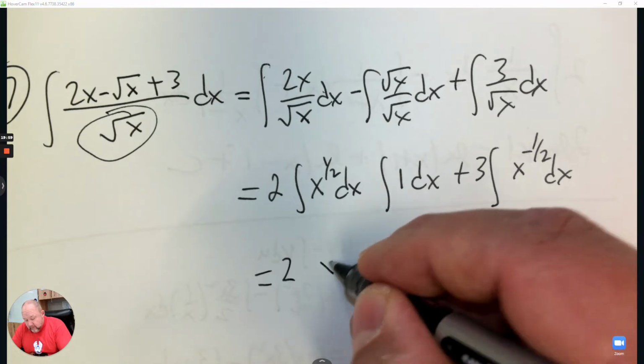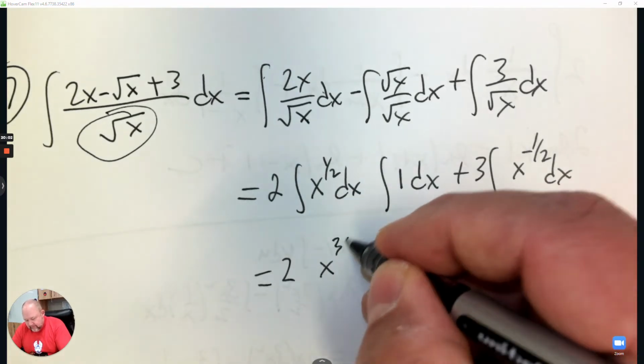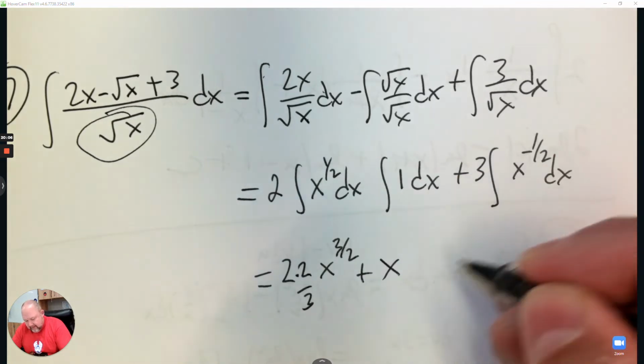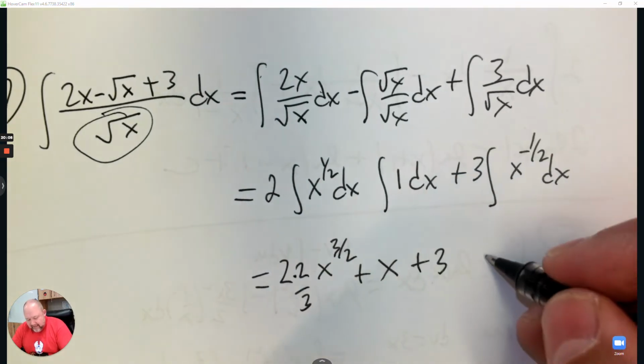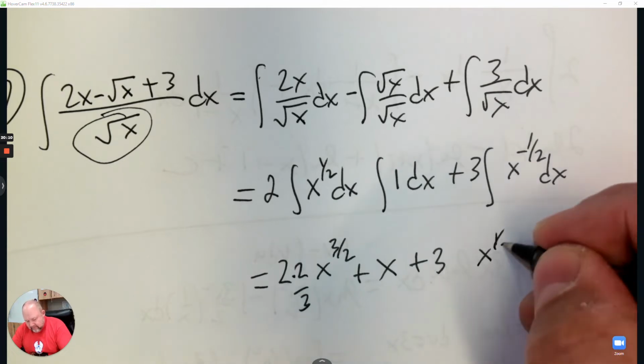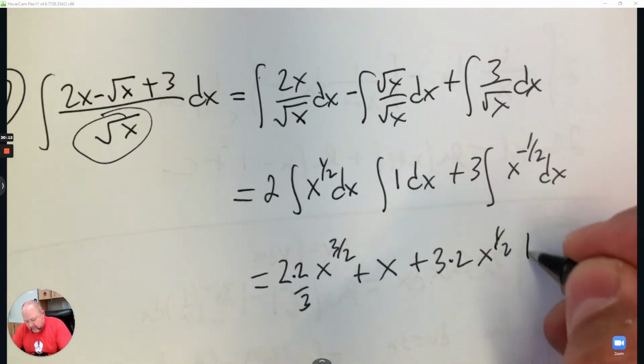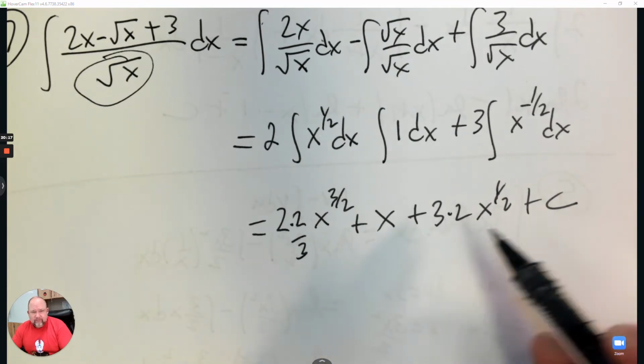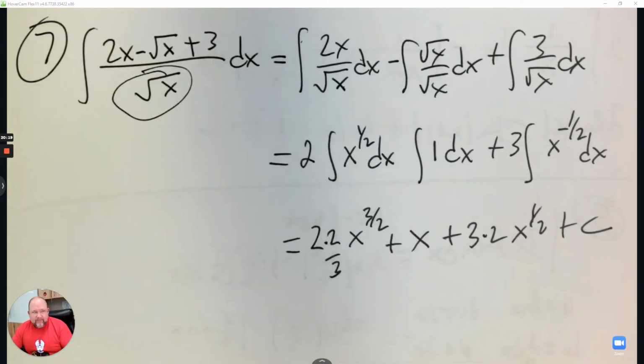And then the rule, we're going to add 1 to the exponent, and then divide or times the reciprocal. 1 is just x. We're going to add 1 to the exponent and then divide by the reciprocal, plus c. That's a good answer. It's 4/3, it's 6, but you can leave it exactly like that.